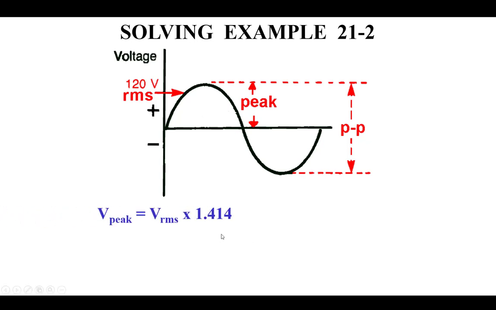Well, the peak value is VRMS times 1.414, which is the reciprocal of 0.707, which means multiplying VRMS by 1.414 is the same as dividing VRMS by 0.707. So if you were to use the previous formula and rearrange it, that would be the same thing.